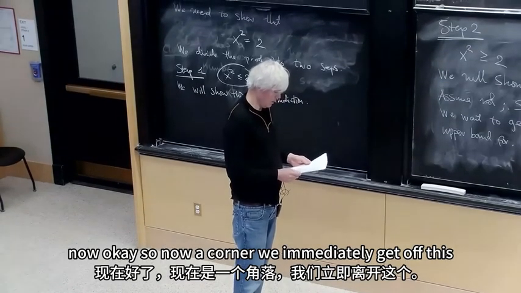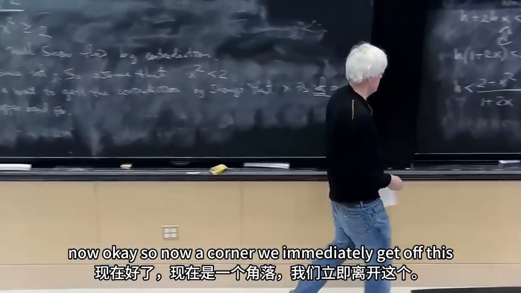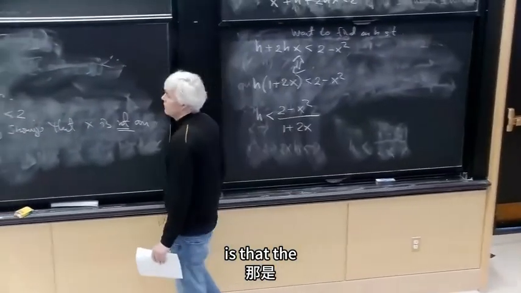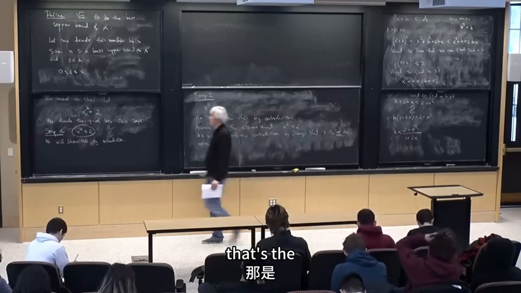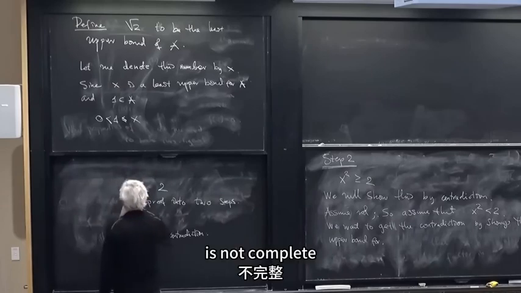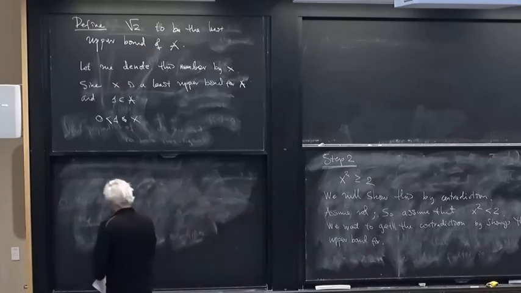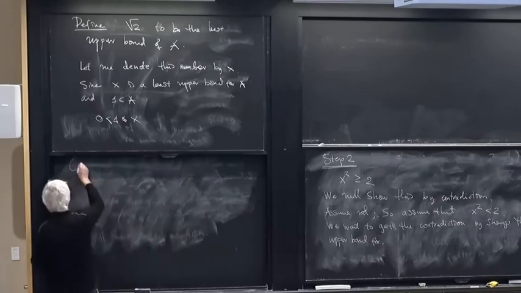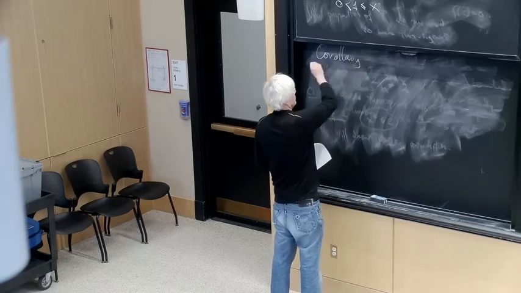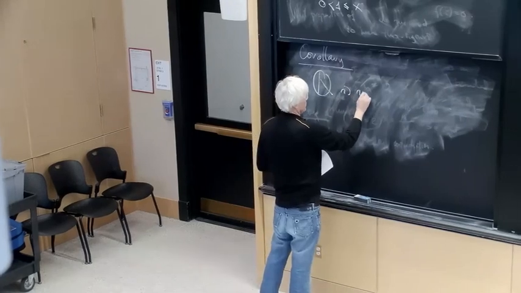Okay. Now, a corollary we immediately get of this is that the rationals are not complete. Right, so we get the following corollary. The rational numbers are not complete.